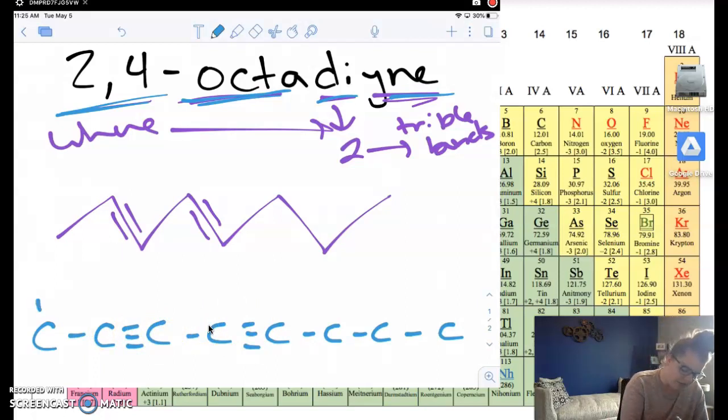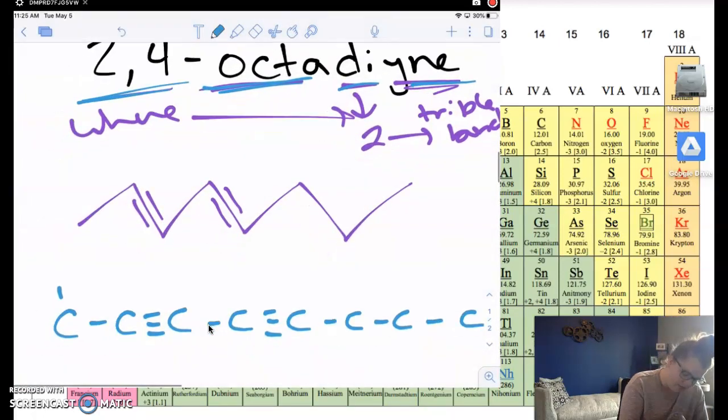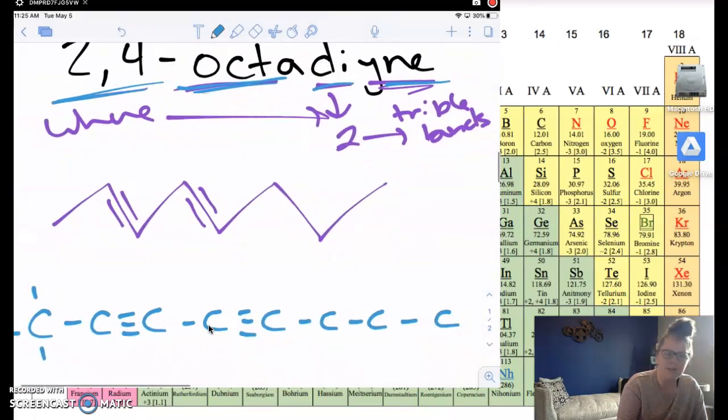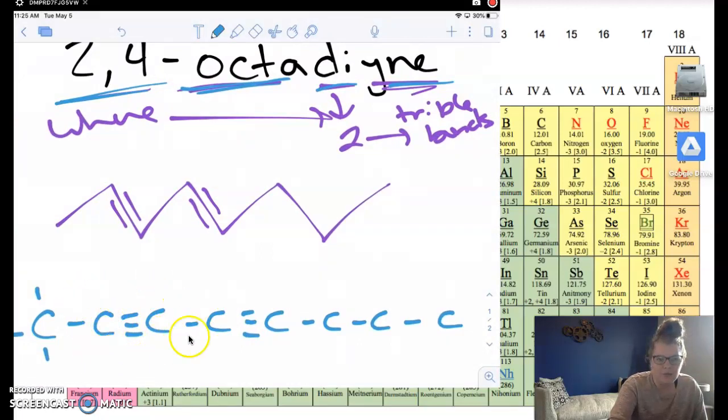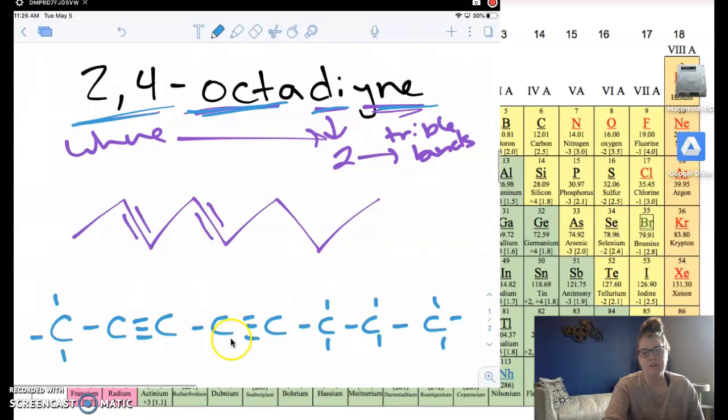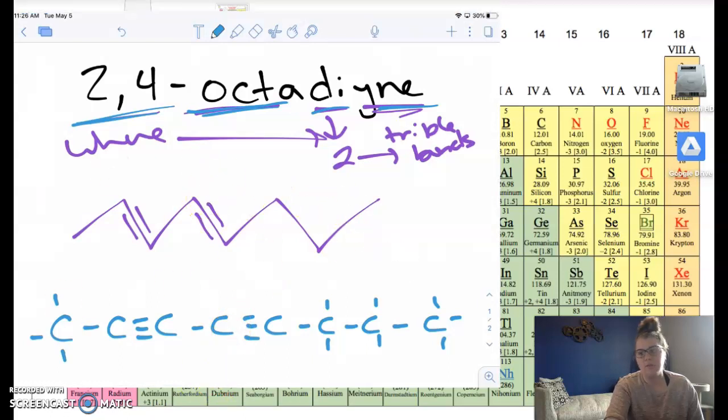Add hydrogens to make sure every carbon has 4 bonds. Notice this one already has 4, that one already has 4, that already has 4, that already has 4. So then I'm just going to tack hydrogens on the end here. So these 2 drawings are the exact same thing, one skeletal, one structural.